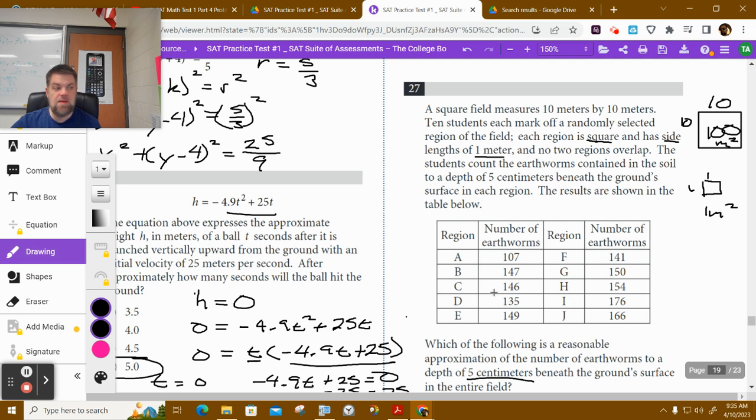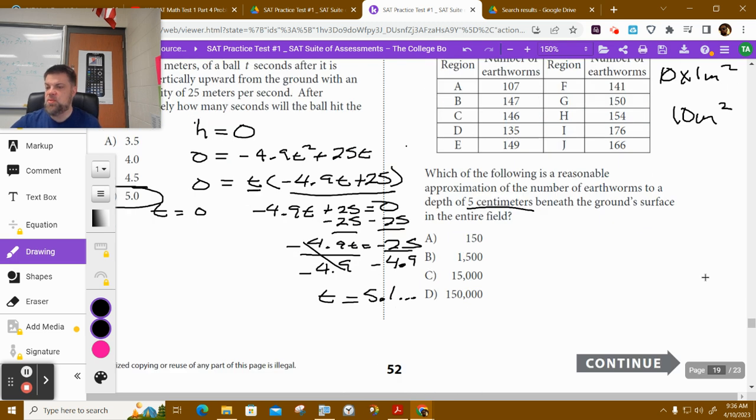And they had 10 samples, right? Well, the 10 samples would be 10 times 1 meter squared, or 10 meters squared.